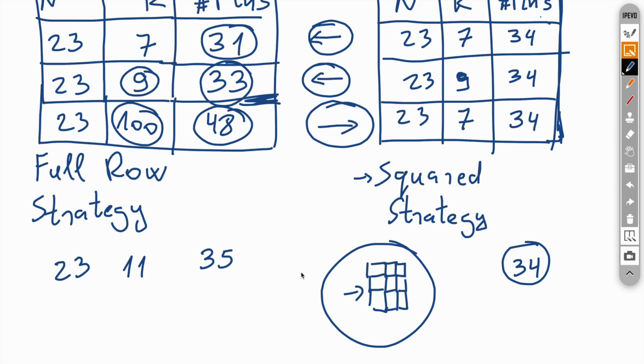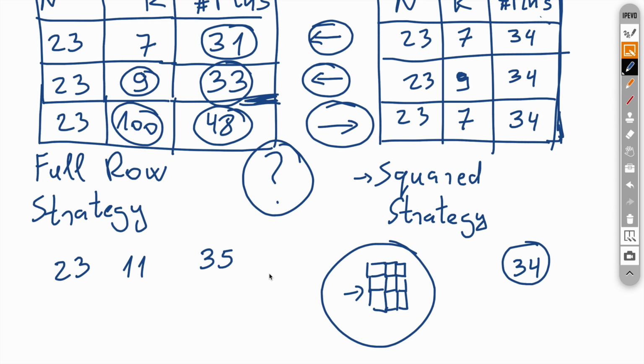Clearly, we don't have an absolute winner here. The crucial question is when to apply the full row strategy and when to apply the square strategy. Obviously, this rule is not as simple as we have thought. But how complex is this rule? And should we even bother? Another question is, are there any additional strategies?